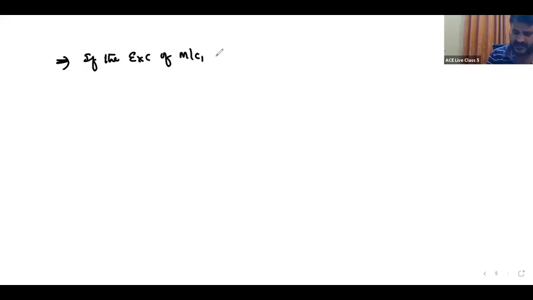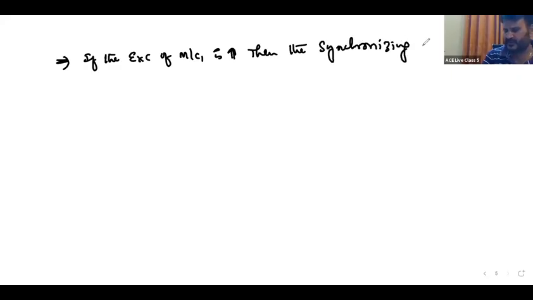See, if the excitation of machine 1 is increased, then the synchronizing power will come into the picture, which is reactive power.